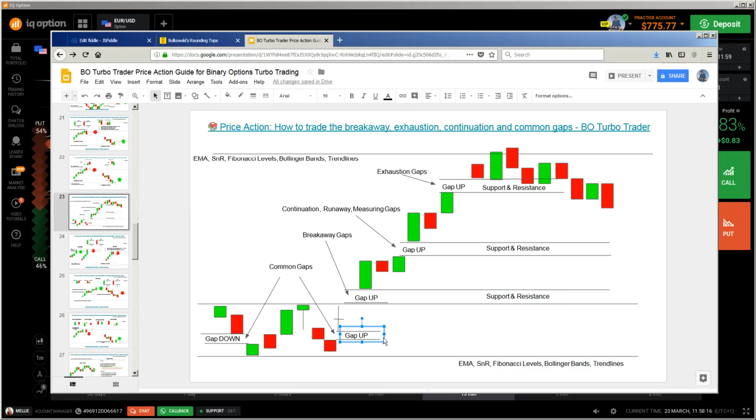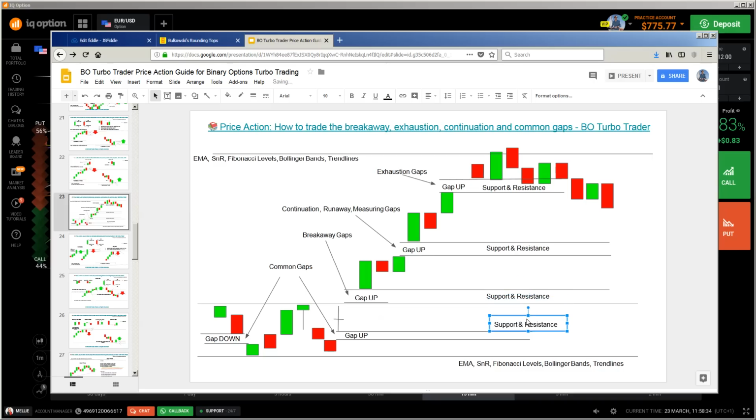Let me get this also here. I will draw this here also, so it's much clearer. This one in between would also be support and resistance. And that is how you have to use the gaps.